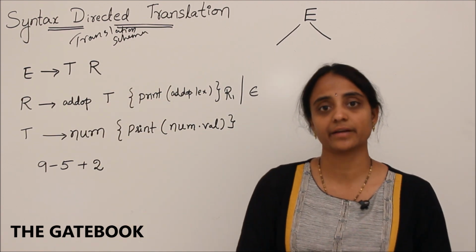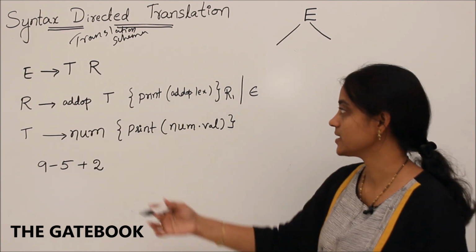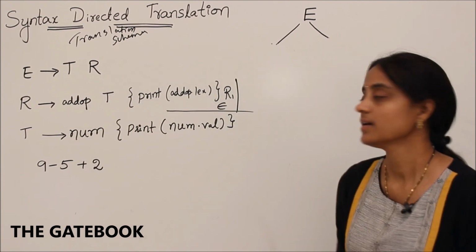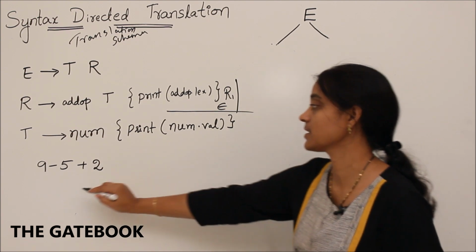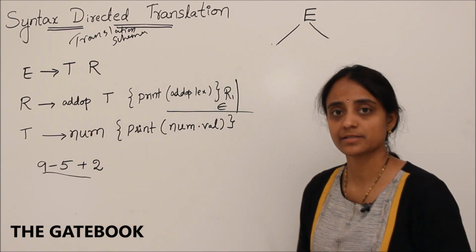To understand how we evaluate this, let's see an example. Let's see the parse tree for this grammar to derive this string.